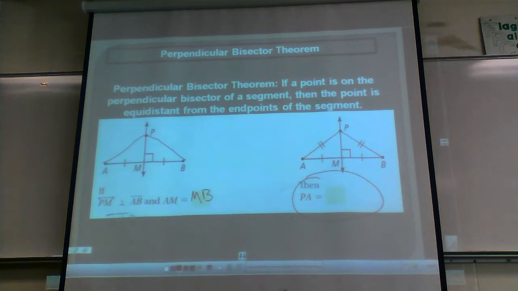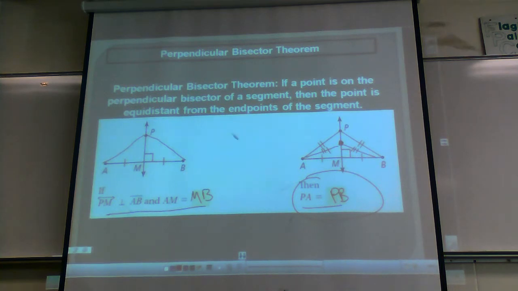So this is the if, this is your hypothesis, this is your conclusion. And then we'll go for any point that's on there. If I take a point like above P or below it or wherever, it wouldn't matter where, the distance to the endpoints is always going to be the same. Okay, so that's basically what the theorem says.